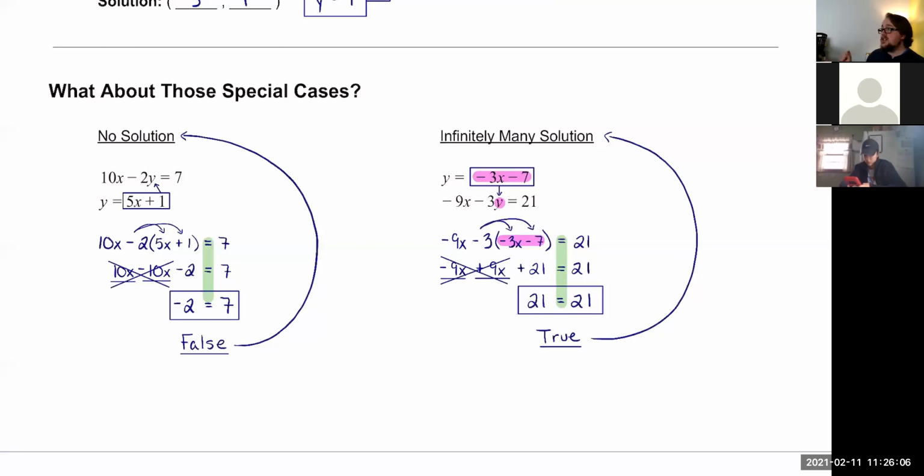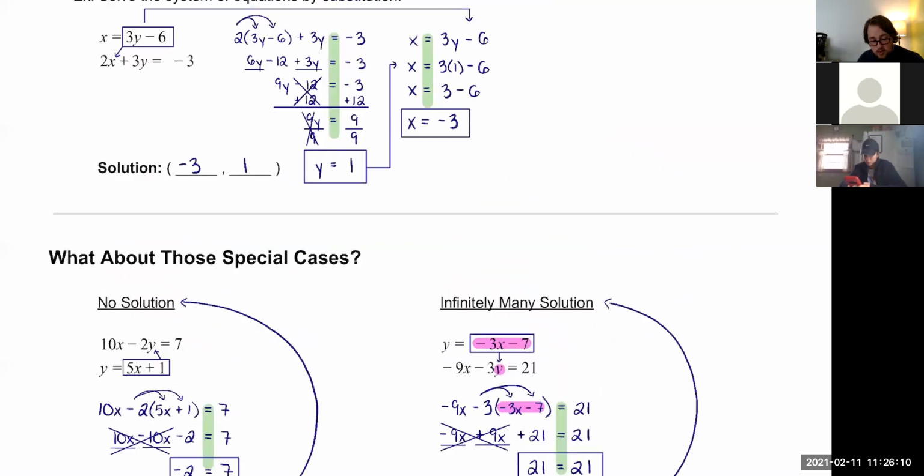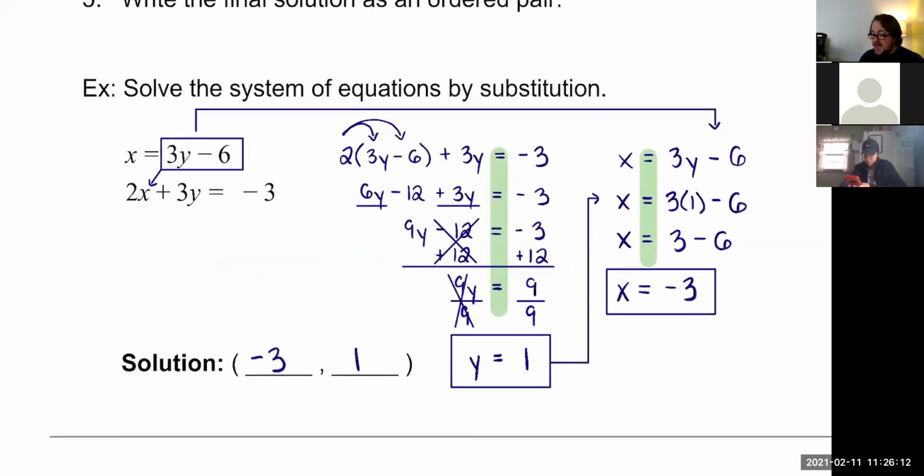Now remember, these are special cases. Most of the time, when you go through these steps, you'll actually be able to see them beyond step 3. Because if you think about it, we only made it to step 3 on this process before the variables disappeared altogether. If it is just a regular system of equations, you'll see it all the way through. You'll get an x, you'll get a y, piece them together as an ordered pair.